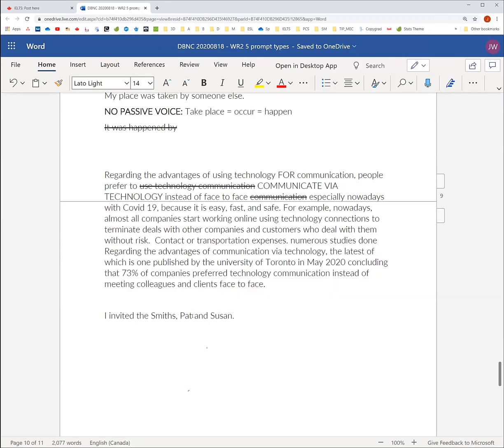Or if you remember what an appositive is, everyone remembers appositive? No. Appositive is this construction, like your friend, Bob, needs help. Okay, this is the appositive.